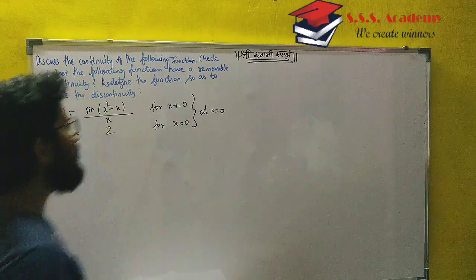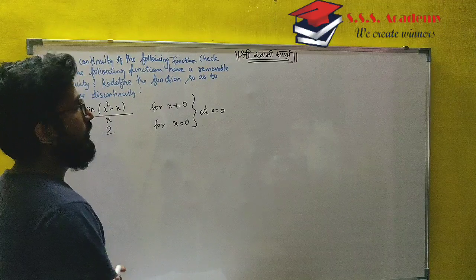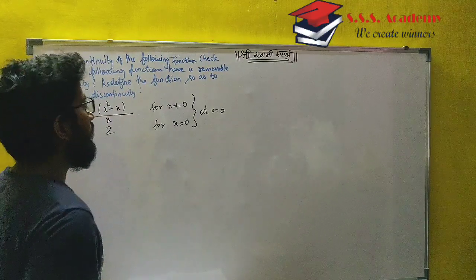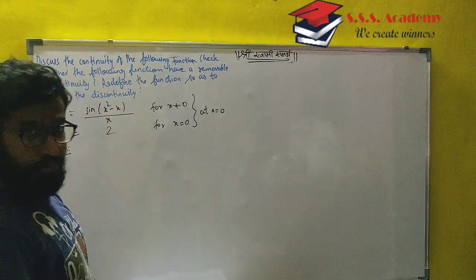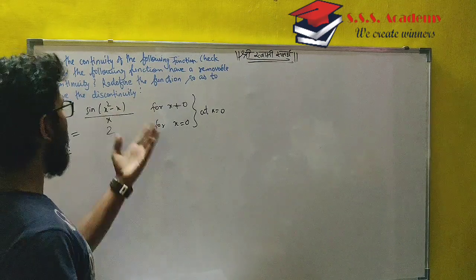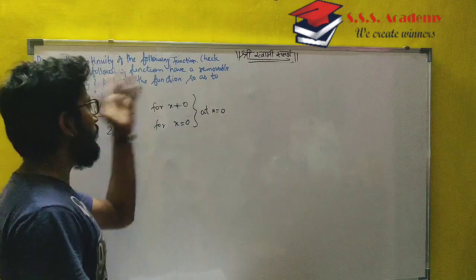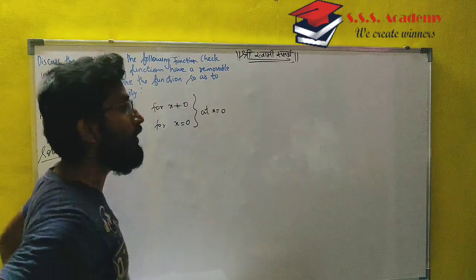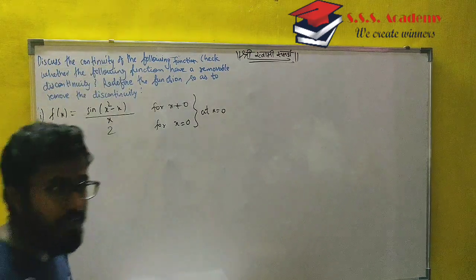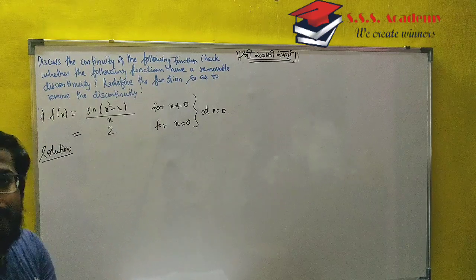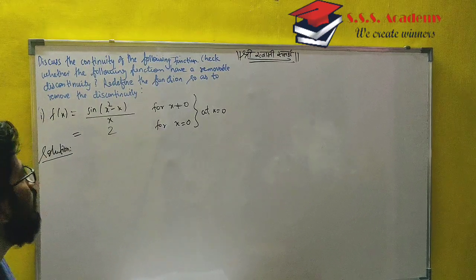Now let's see the last type of question that can be asked in continuity. That is a removable discontinuity. Now the question is, we have to discuss the continuity of the following function. First we need to check whether the function is continuous or discontinuous.